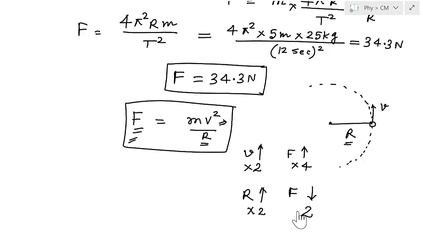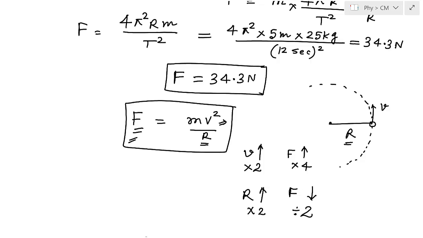So you can say the force will be divided by 2. Similarly, you can ask what will happen if you increase the velocity and also increase the radius, or you increase the velocity or decrease the radius. What will be the effect on the force that is required to move this sled in uniform circular motion?